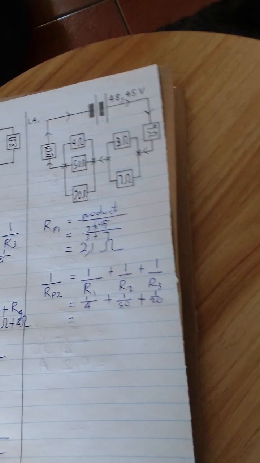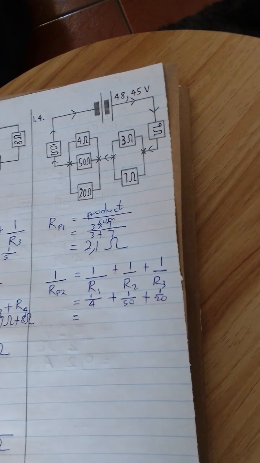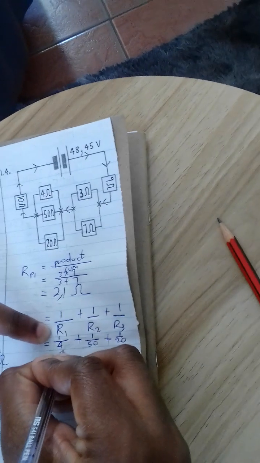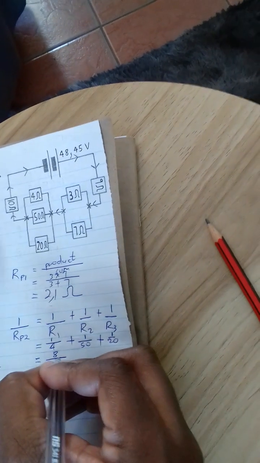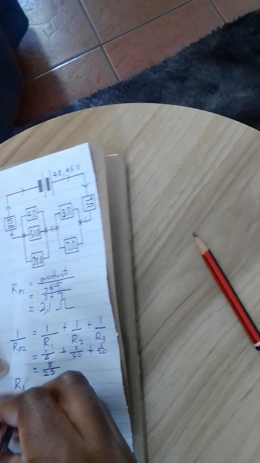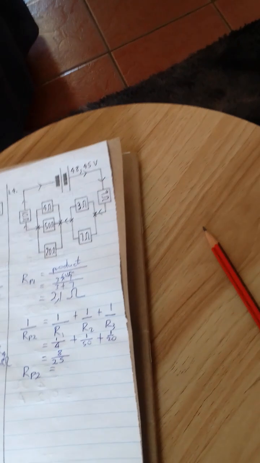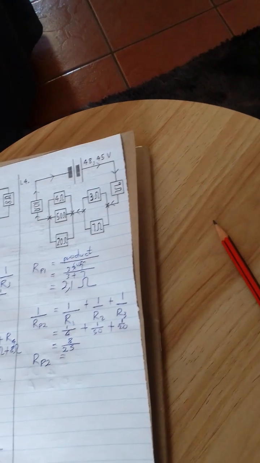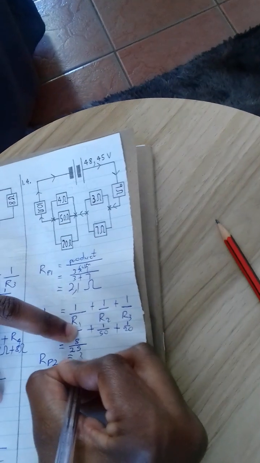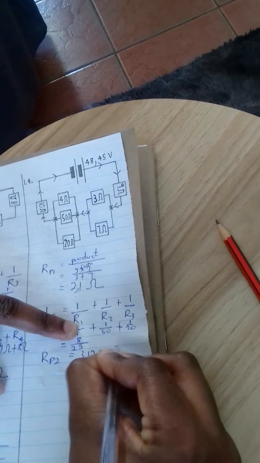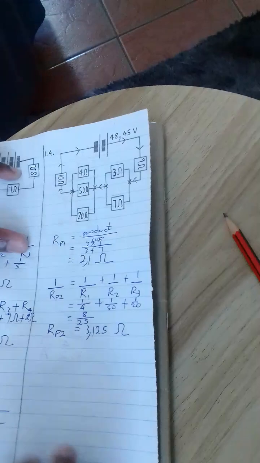I'm getting 8 over 25. So RP2 is 25 over 8, which is 3.125 ohms, right? So this is for here, okay?